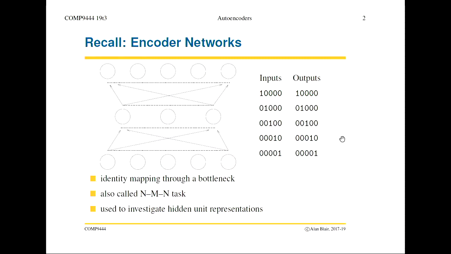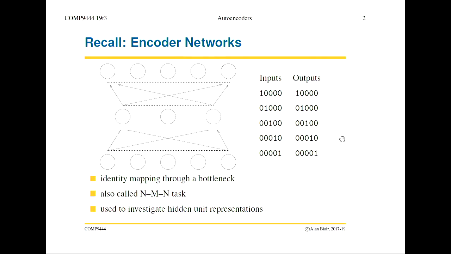All right, so we talked before about these encoder networks. We looked at this in a very simple situation just to help get an understanding of the geometry of hidden unit space. We had this task where you had perhaps 5 inputs and maybe either 2 or 3 hidden nodes and then 5 outputs, and we had a one-hot encoding.